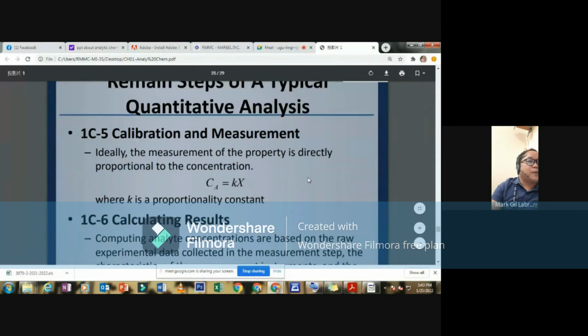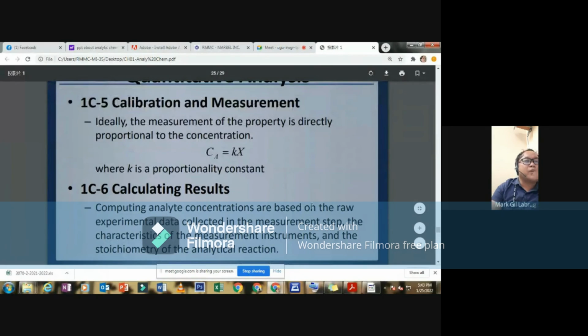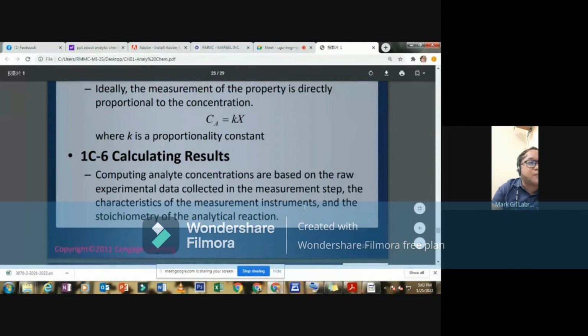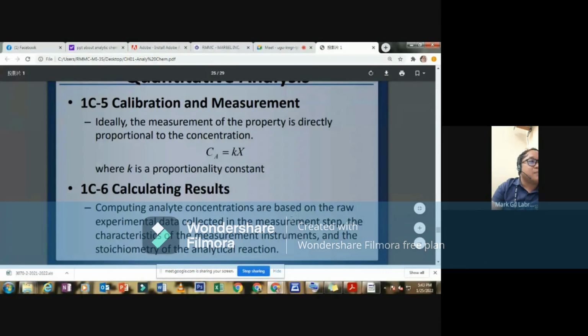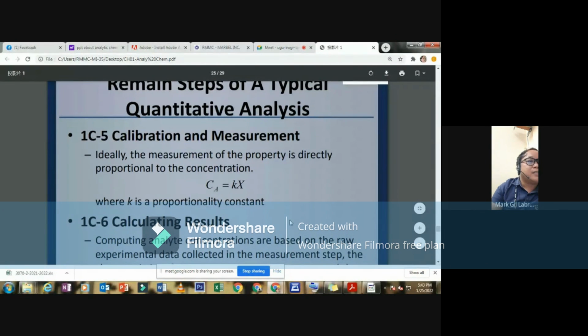Okay, so meron pa tayong mga calculation pero later na yan when we do experiments, magkaka-calculate tayo. So here, ideally, the measurement of the property is directly proportional to the concentration. So always remember that. The measurement of the property is directly proportional to the concentration.